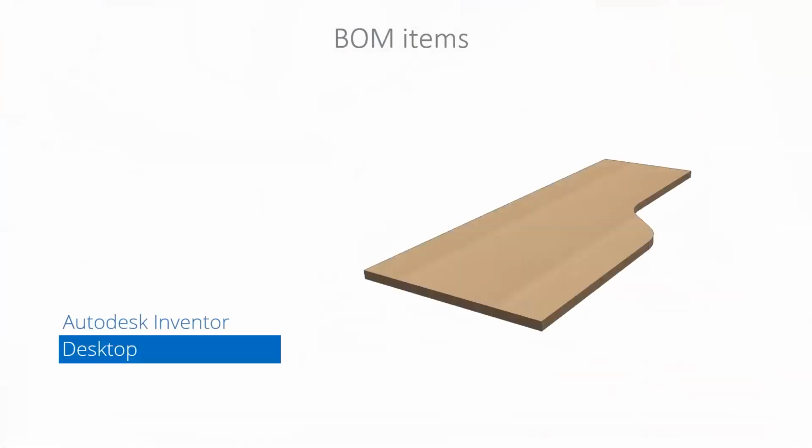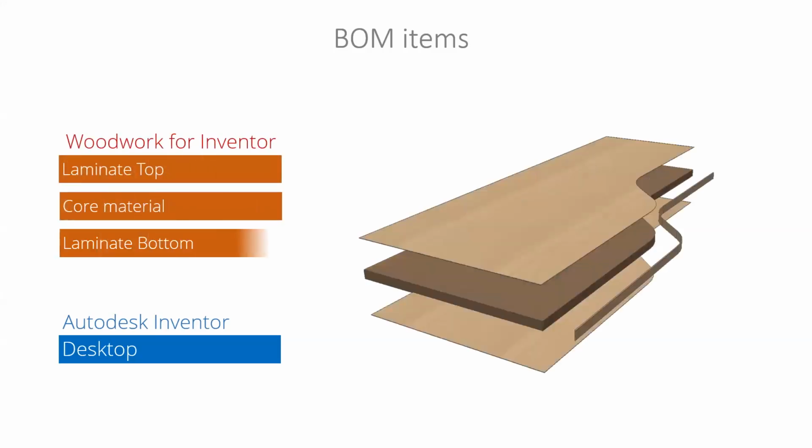So let's take a look at the BOM items of Autodesk Inventor. If you take a look at a single part, what Inventor can tell about that is the name, code, part number, maybe the mass, and so on. But this part in the woodworking industry is something more than that, because for Woodwork for Inventor, we know the combination of materials inside of this part.